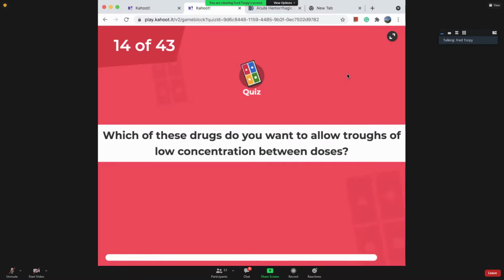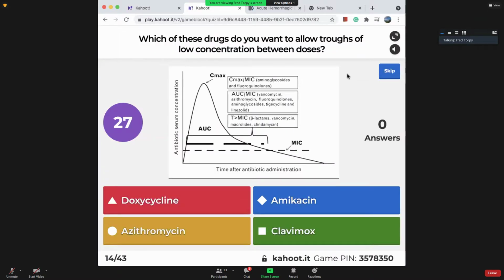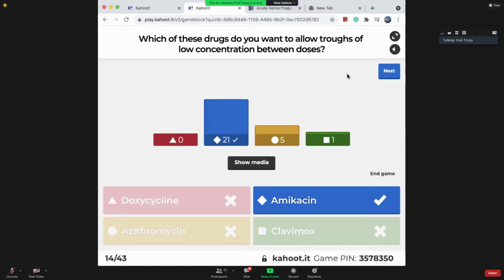Okay, so which of these drugs is concentration dependent? Where what we care about is getting a really high concentration. We don't need a super sustained one. And I gave you guys this nice graphic. Nice, good job.